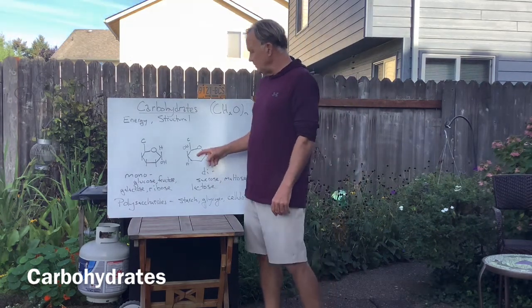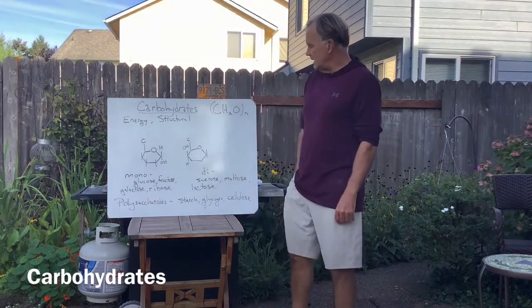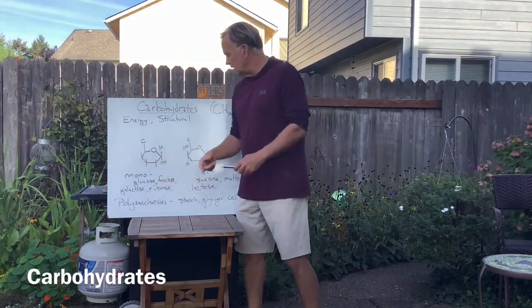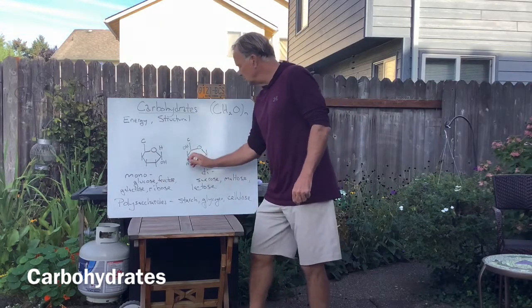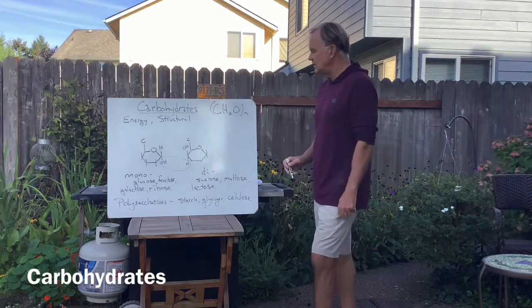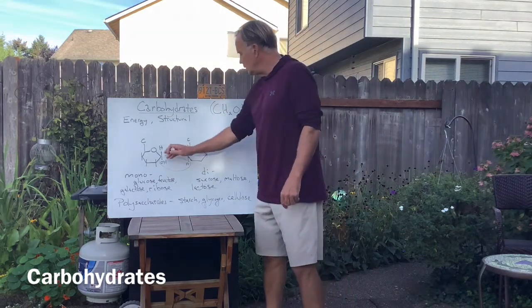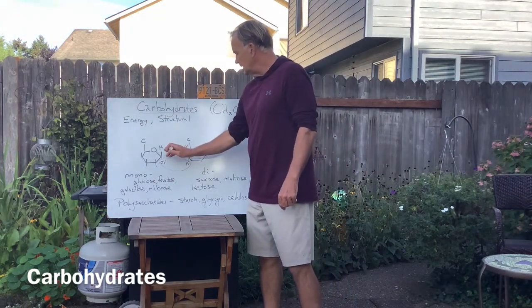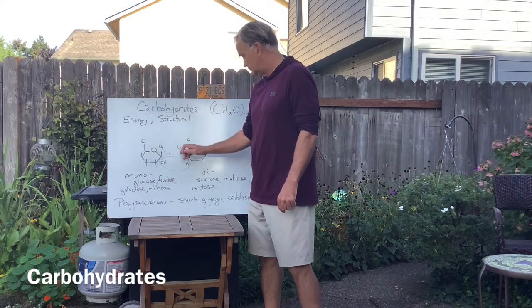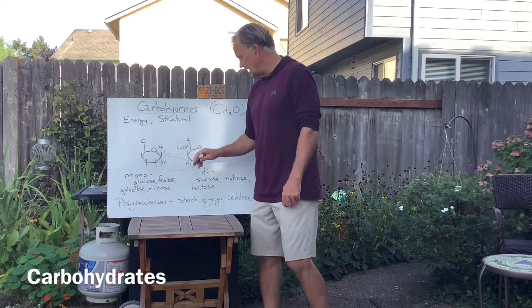Here's another one, and you guys can guess by now what happens when you take one monosaccharide with another. Of course you lose an H2O, so again a condensation or dehydration reaction. So you get rid of that, and then you get a bond between the C1 carbon here and the C4 carbon there, and you make a disaccharide.